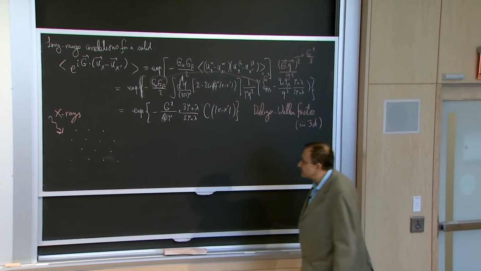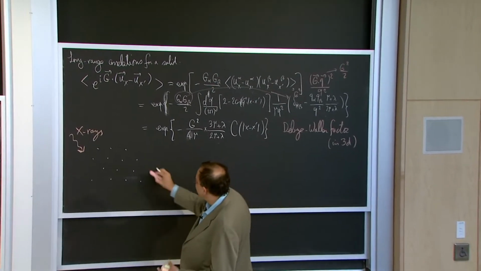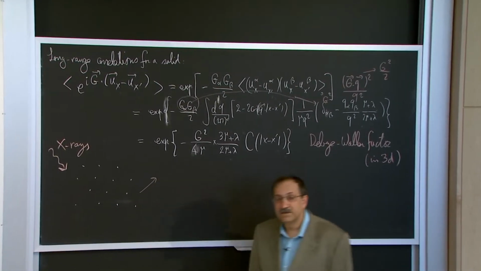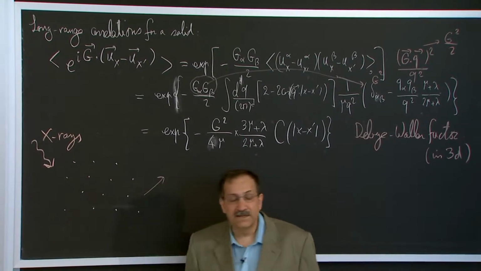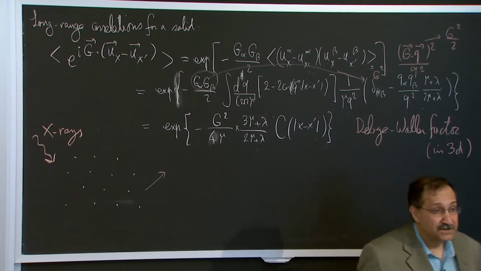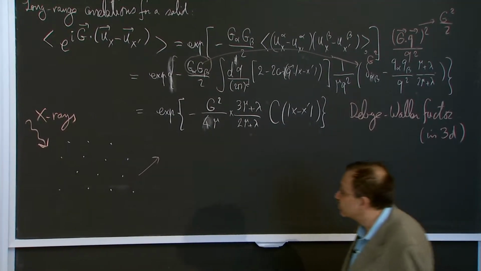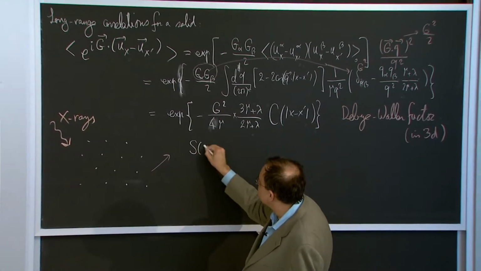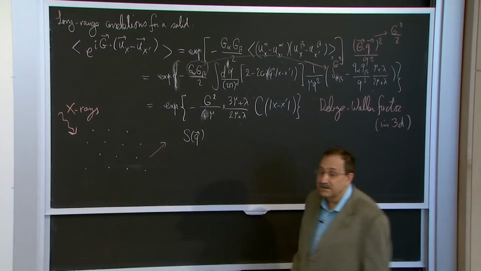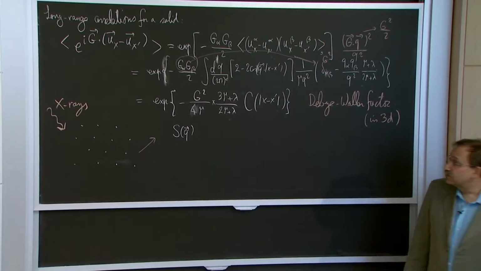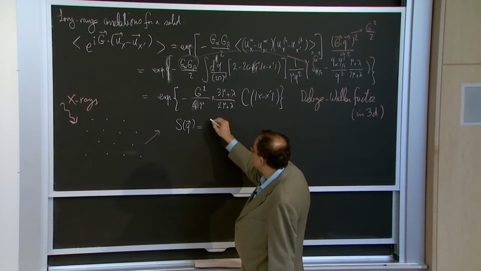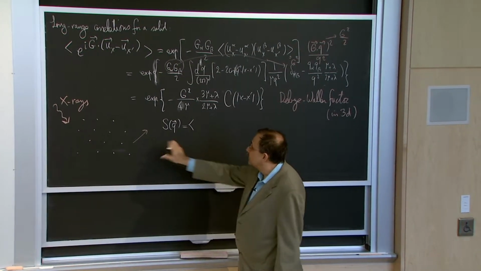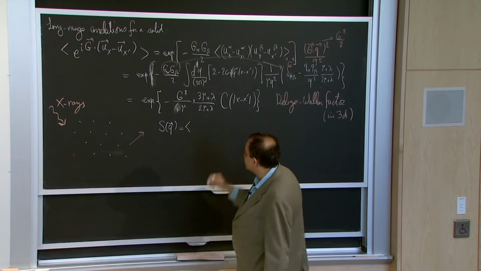So essentially, you'll see that there will be some scattering, and the way that the wave vector of the light has changed is characterized by a vector Q, and we discussed this already, that the structure factor S of Q is going to be related to the expectation value of the phase that you get from the different points.